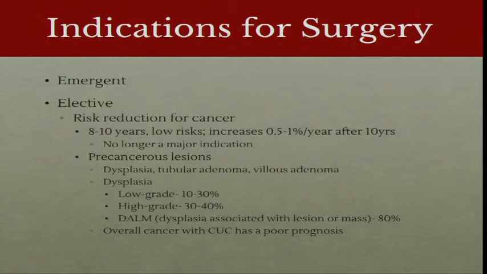So you don't have that 10-year leeway where you find a polyp and just take care of the polyps. It comes about de novo. So it's not going to be a little polyp that then turns into a cancer. But elective resection just for risk reduction is kind of out of vogue, because it is still a low risk of cancer, and we have fairly good management.